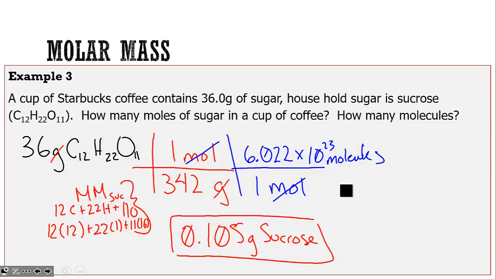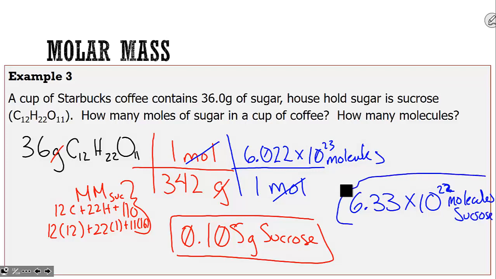So if we take our answer and multiply by Avogadro's number, we get that there are 6.33 times 10 to the 22nd molecules of sucrose in a cup of Starbucks coffee.